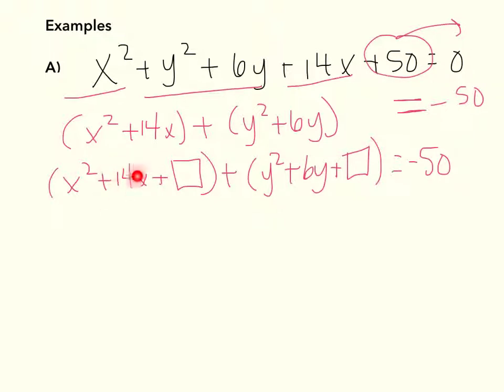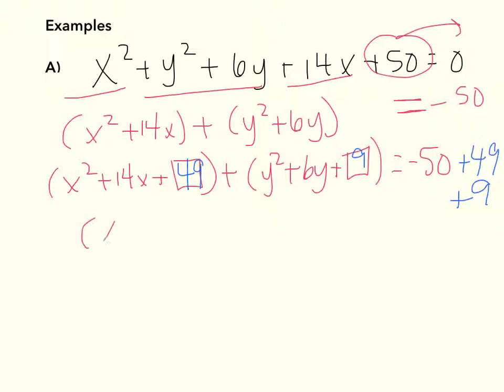And then my b divided by 2 is 7, squared is 49. And remember, you've got to do the same to the other side. And then here my b is 6, divided by 2 is 3, squared is 9. And then I've got to add that to that side also. Now all I have to do is write my perfect squares.